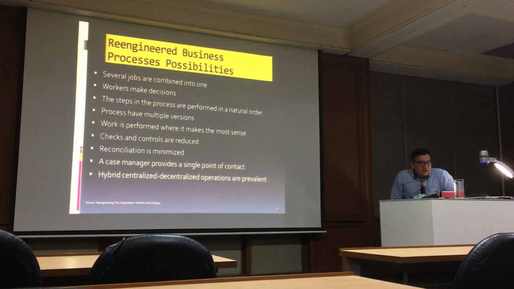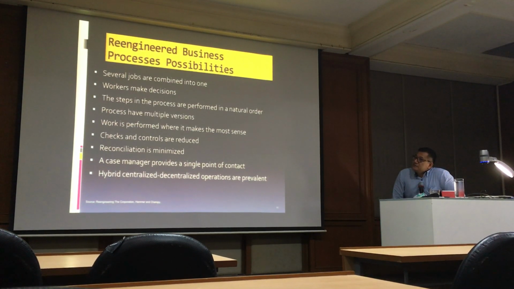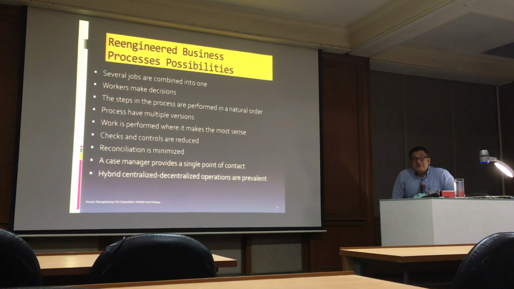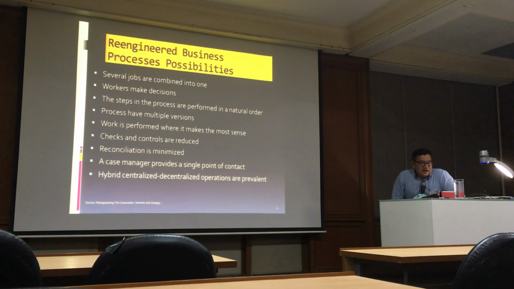This is the list of re-engineering possibilities that you can have. Sometimes it overlaps with improvements. You can have several jobs combined into one because you're using IT. Sometimes you're using just one computer that has the system that accesses everything, so you can operate from one place. The workers might make the decision because they have all the information.